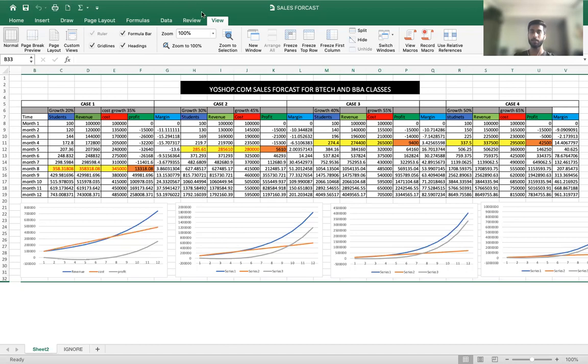So let's go ahead and see what the B.Tech and BBA classes that yourshop.com has launched can generate for the company. As we have assumed, there is a monthly budget of 1 lakh rupees right now for the classes.